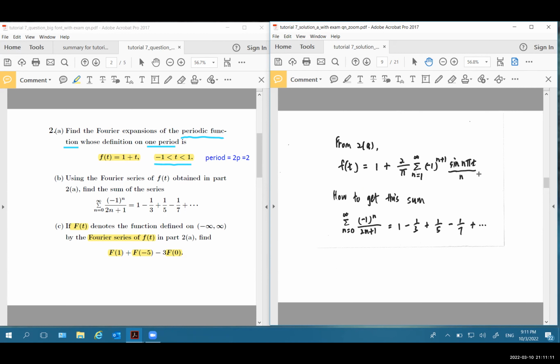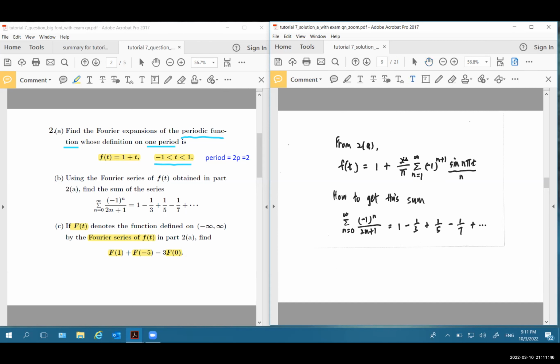You need to let t be some value, and you need to guess what value, so that when t is equal to that value, this thing will give rise to this. So this is how we do it. Basically, you substitute t as some value, and then hopefully this infinite series here can give you this.